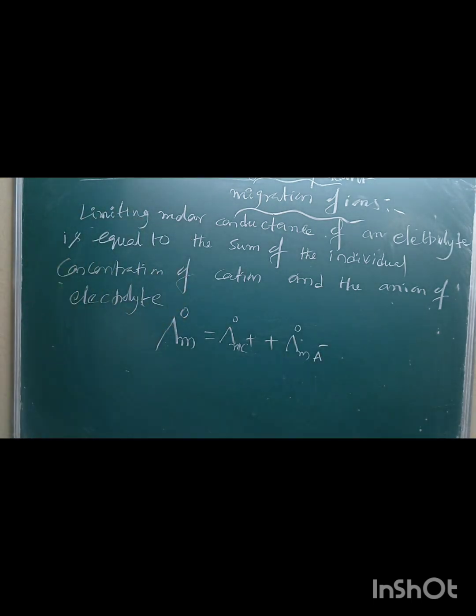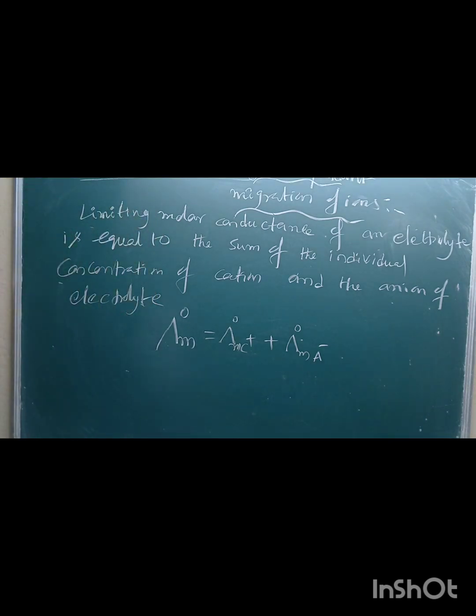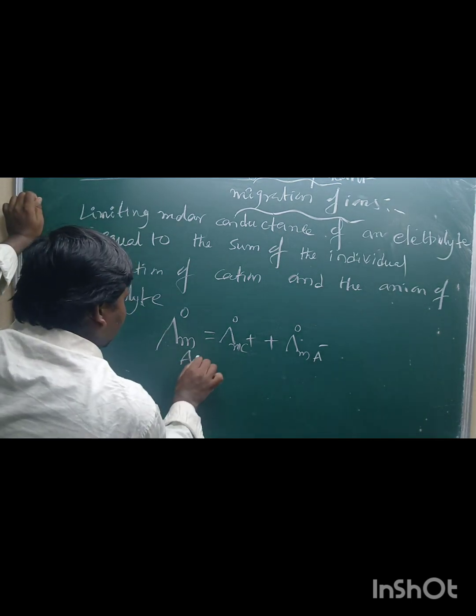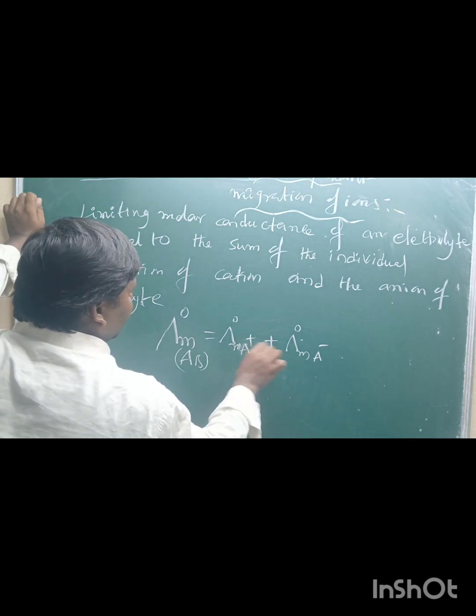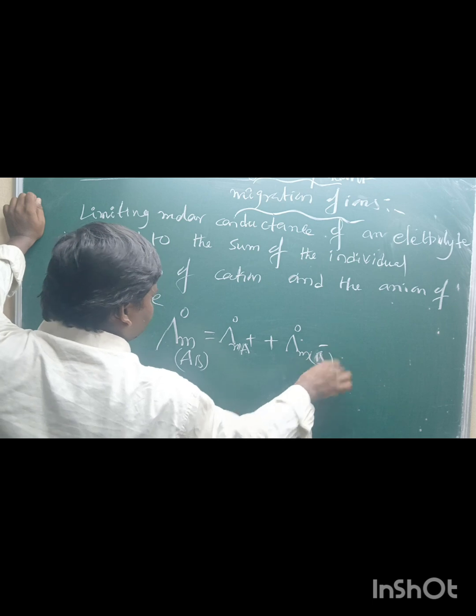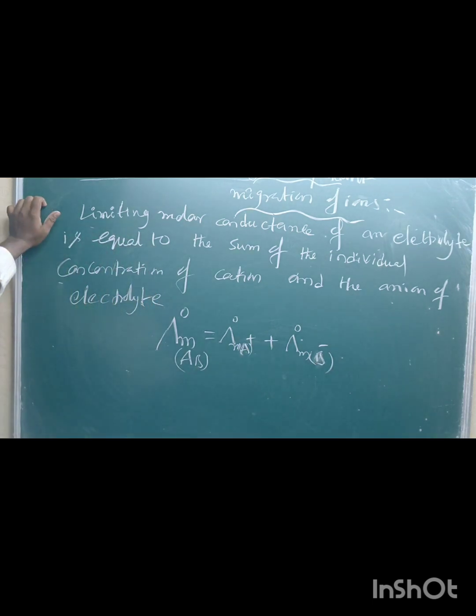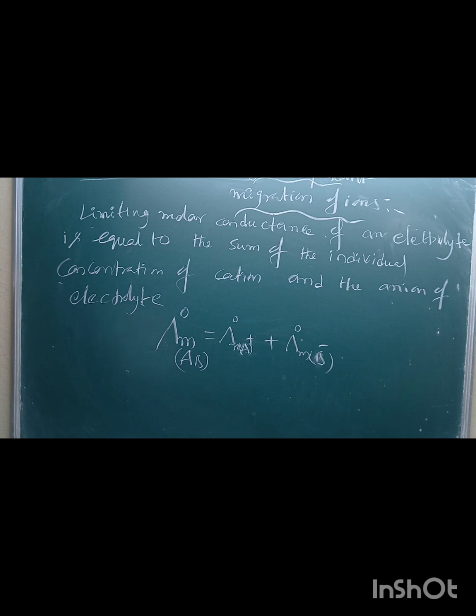Here C plus means cation, and A minus means anion. If you take an electrolyte AB, with A plus and B minus, the limiting molar conductance of the electrolyte is equal to the sum of the individual contributions of the cation and the anion of the electrolyte.